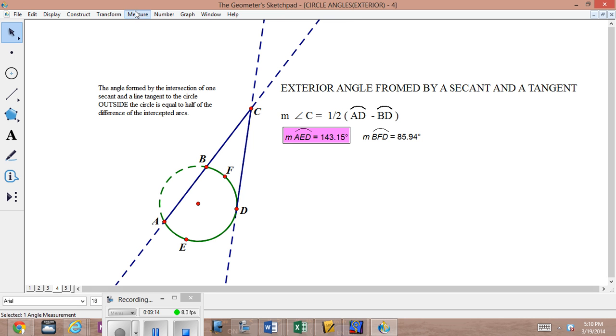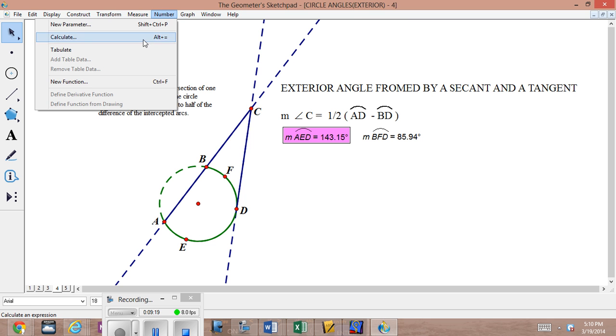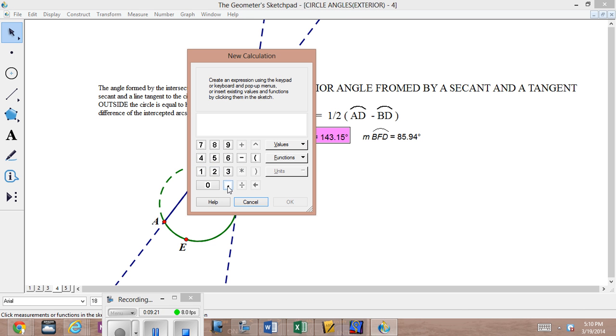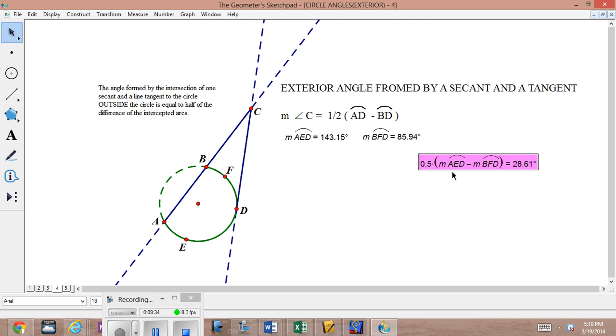So calculate half the difference, 0.5 times the furthest arc minus the closest arc, which will give me the measure of that angle. Let's find the measure of that angle. It should be exactly that.